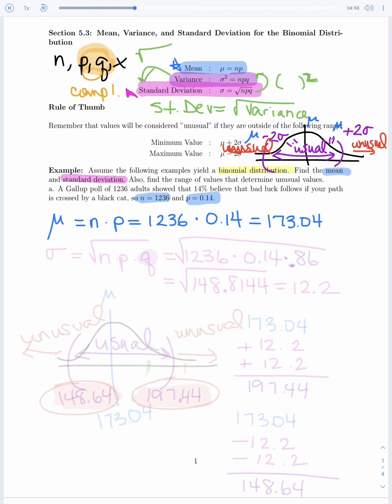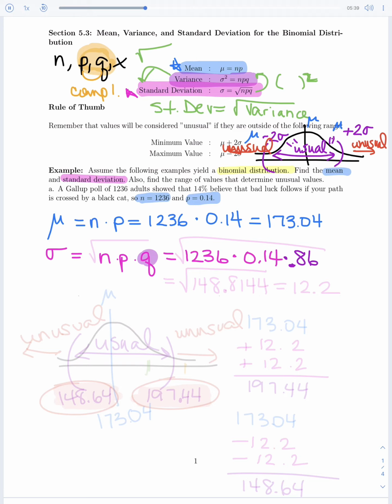The next thing that we're going to look at is then finding our standard deviation, which starts out with us finding n times p times q. Well, n is 1236. The p we already said is 0.14. How do we find the q? Well, remember the q here is the complement or opposite of the p. So if the p is 0.14, q is going to be 1 minus the 0.14, the rest of it, which is 0.86.